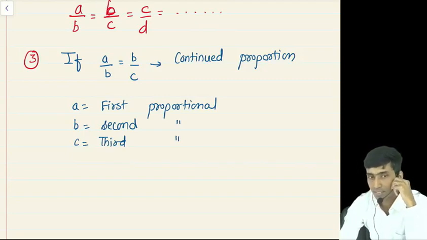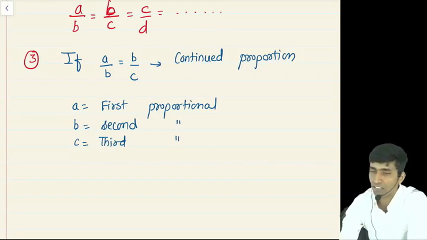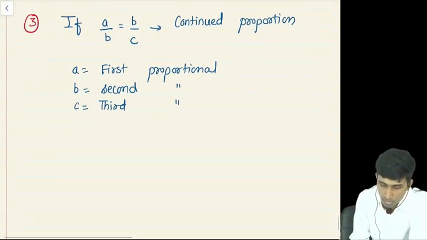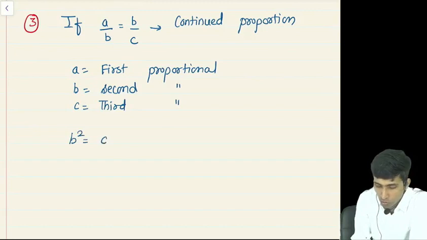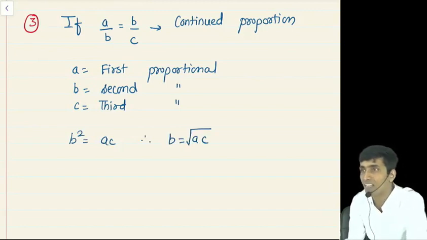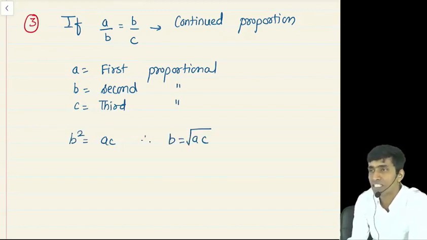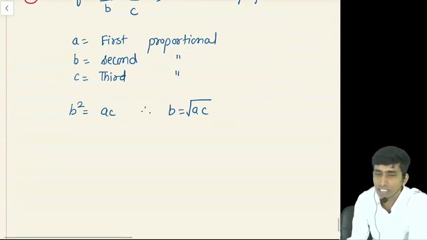Done. Now we can write what? B square is equal to AC. Therefore B is equal to under root AC. Whenever we take square root, that means we are calculating geometric mean. Understood?